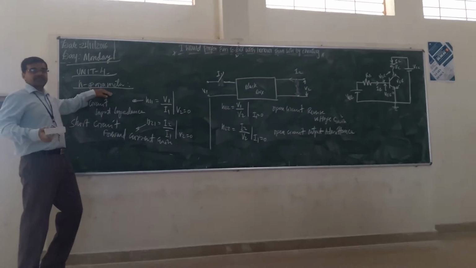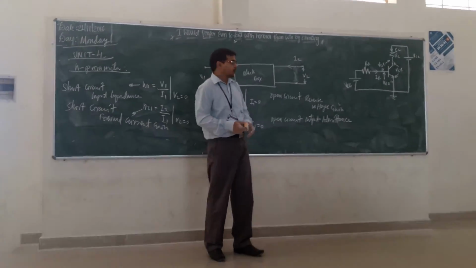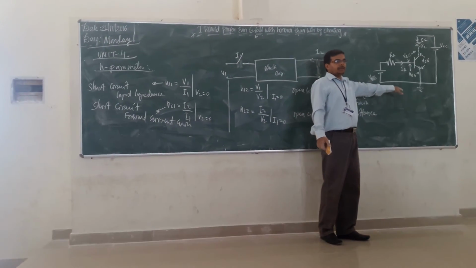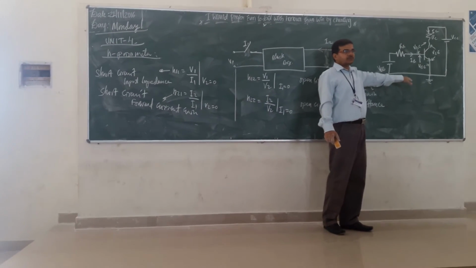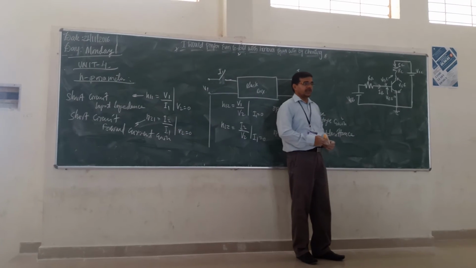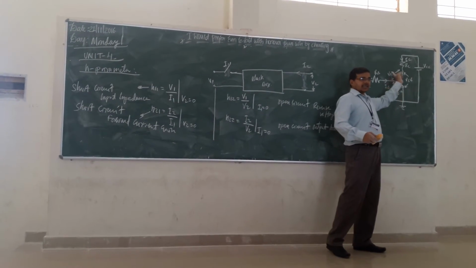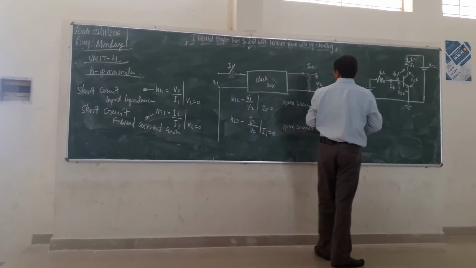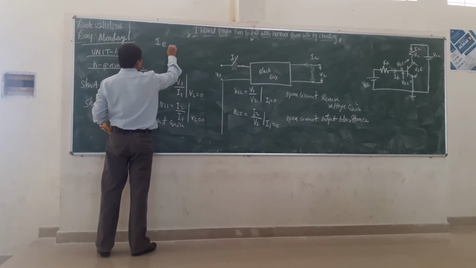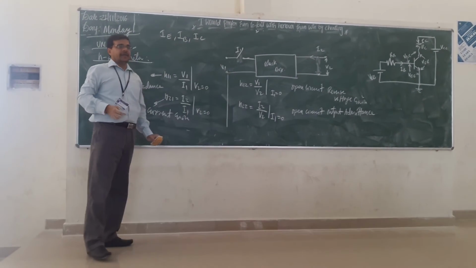The same H parameter for the transistor. Here we have made the circuit. This is your common emitter configuration. In this common emitter configuration, if you want to see how many current parameters are there, we are having IE, IB, and IC.